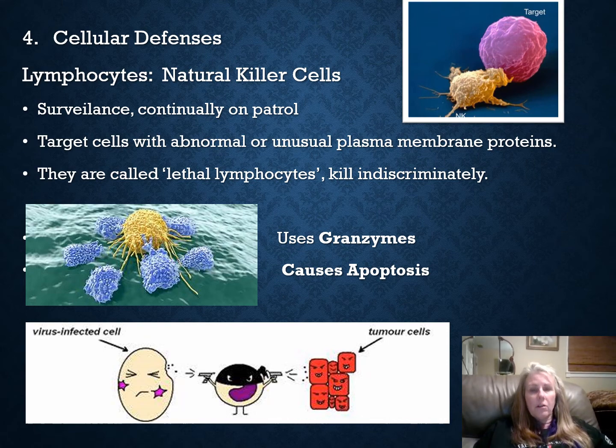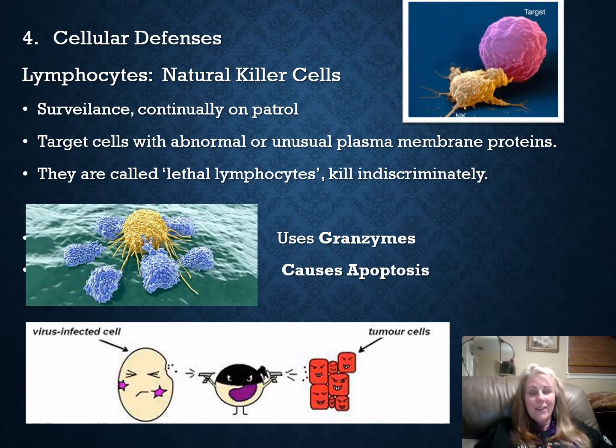They use what are called granzymes. These are molecules that will poke holes in membranes. Think of these granzymes kind of like knives. They're going to take these granzymes and poke holes in the cells.